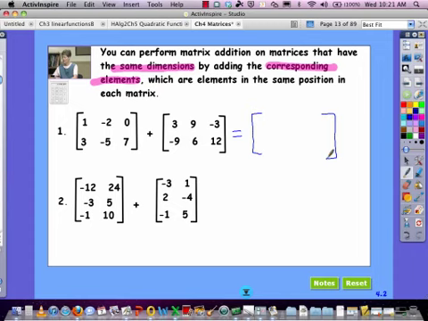So we're adding the first row, first column with the first row, first column, first row, second column with the first row, second column, etc. And as we go right on through, then second row, second row. So the sum of the numbers is because we added each corresponding part from the same dimensioned matrix. So you can try this one for number 2, and we will check it in class.